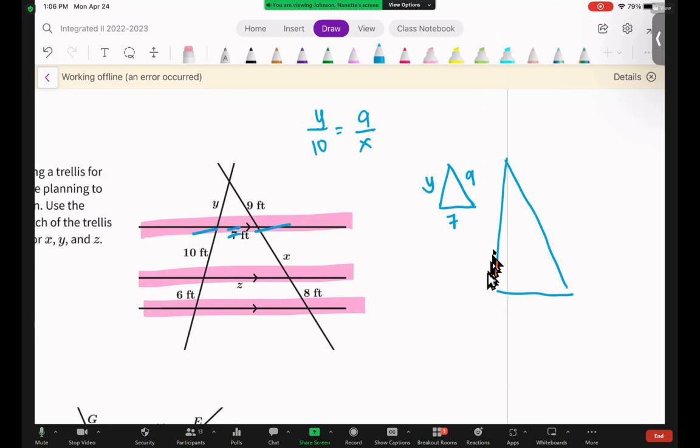And this side right here, I'm pretending is this side right here. So how long is this side right here?